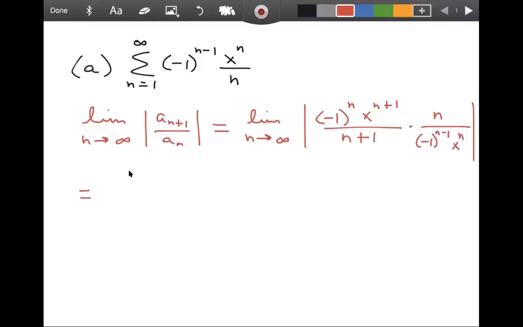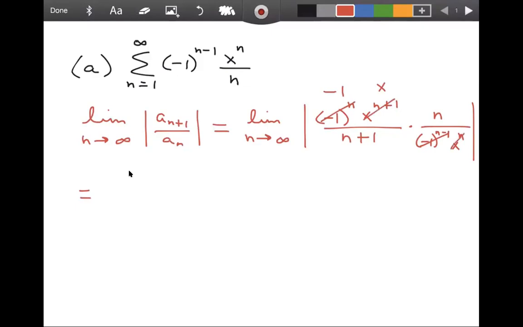All right, so what that absolute value will do is really it'll eliminate the powers of -1. I mean, even before I apply the absolute value, there's just the single -1 left in there. And when I divide x to the n plus 1 by x to the n, I just get x.